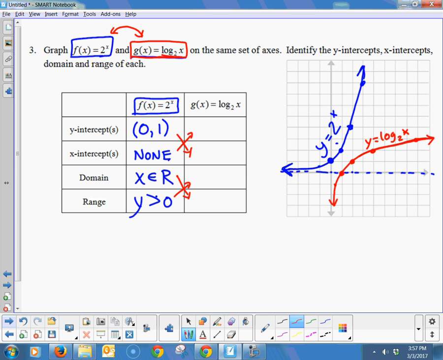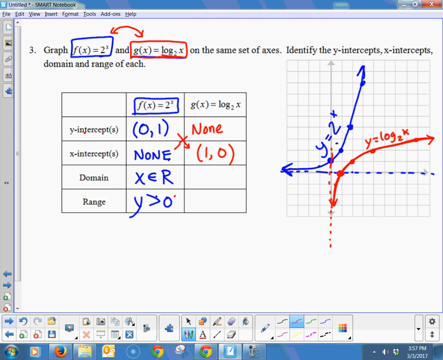Let's see, this guy has an x-intercept of 1, 0, which is exactly the flip of the y-intercept for the original function. This red graph, my inverse function, has no y-intercept because it never is going to touch this y-axis, so none.